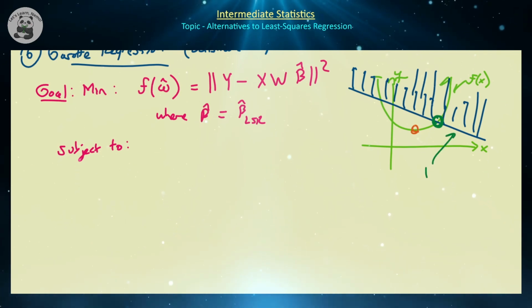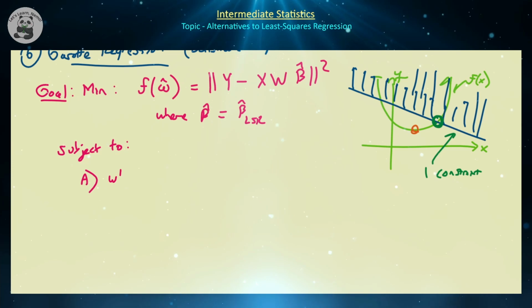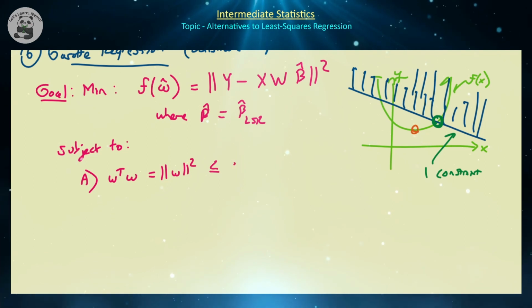That would be, for example, one constraint, but you can obviously have as many as you want, right? So constraint version number A, or version A, is that W transpose W, which is obviously the same thing as the norm of W squared, and we're referring to W hat as the point estimates for W, must be less than or equal to C, where C is typically taken to be some real number constant.